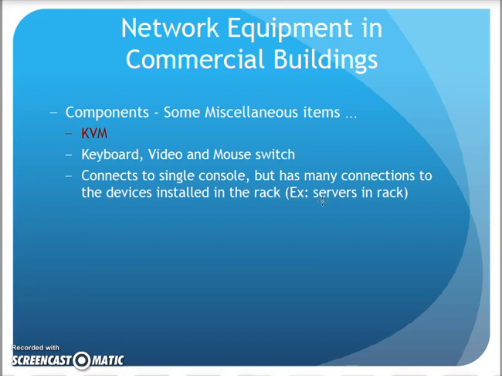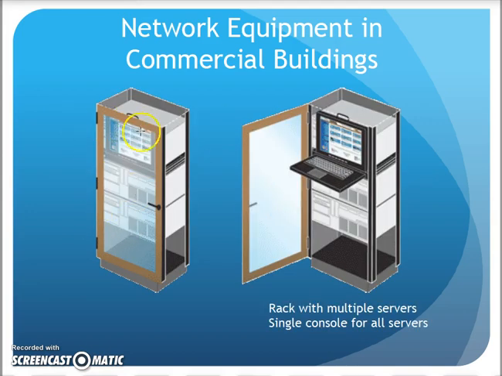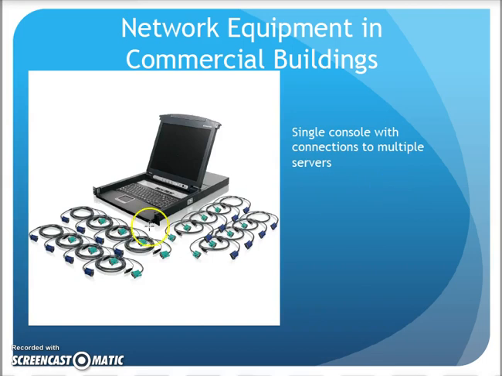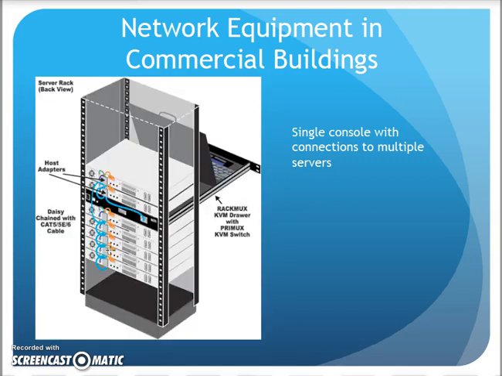So what you do is you take this KVM, and here's actually a cabinet that you would have a couple servers in. I will have one console here, monitor, keyboard, mouse kind of deal, and that actually has a KVM switch built into it to connect to the multiple servers. And here's actually showing you one with a number of connections that you can connect to multiple servers in the rack.